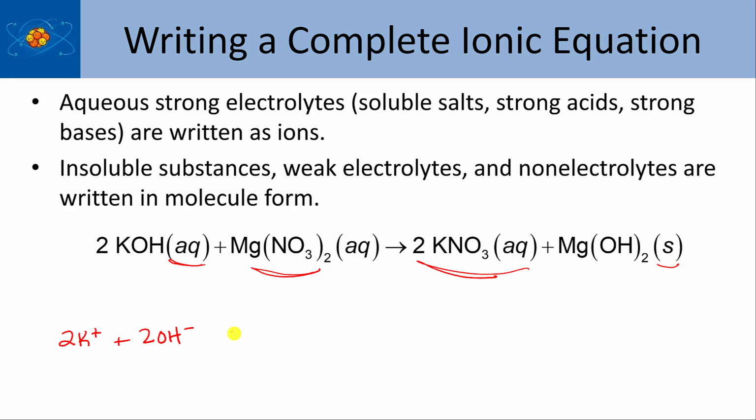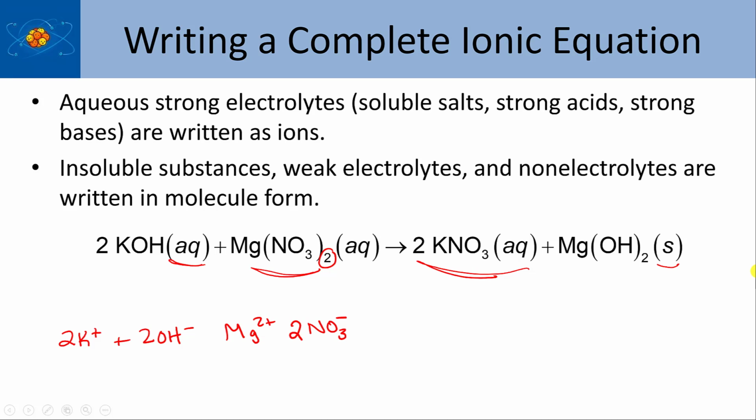And then I'll have a magnesium ion, which is Mg2 plus, and a nitrate ion, which is NO3 minus, like that. And then we want to keep that balanced, and so since there were two of them, I would put a 2 here. So make sure you don't leave the subscript 2, because that's just indicating how many of those are in the formula. It's not actually part of the formula of the polyatomic ion nitrate.